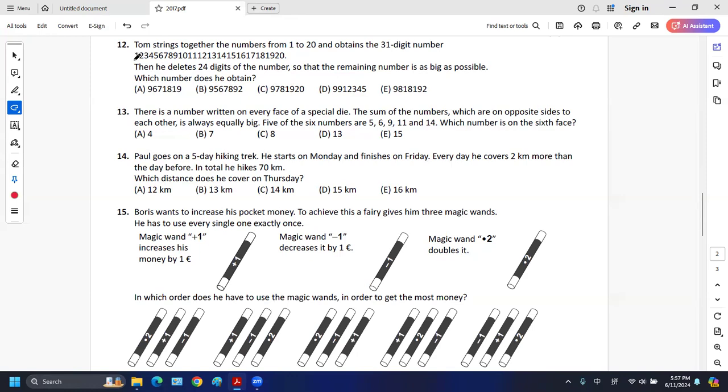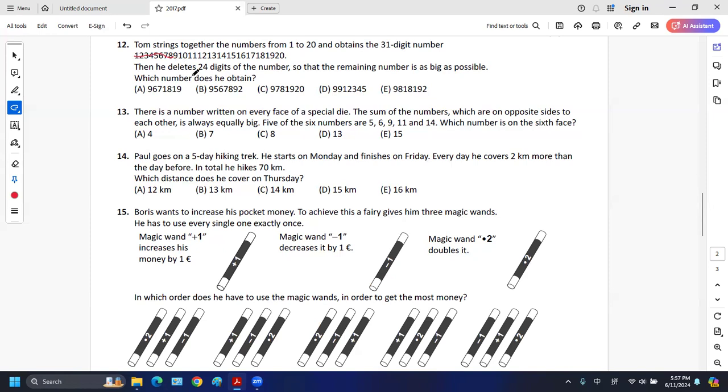Here, we'll start deleting from 1 because here you have to delete the whole number. But if we start deleting from 20, that would be the biggest number, which is making the number smaller. So we'll start from 1. So we can delete them all the way to 8 because then the starting would be as big as possible.